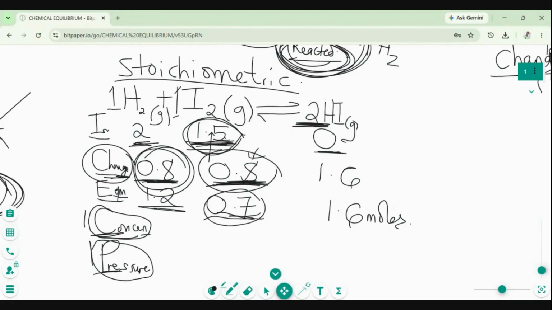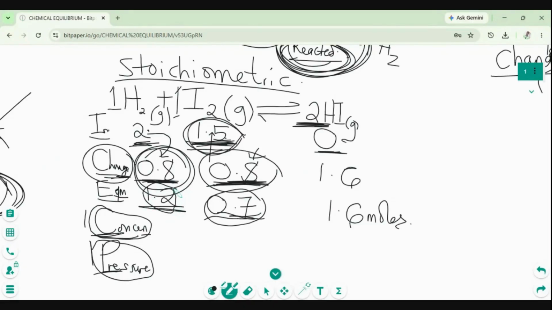Okay, so I've done a lot of writing here, but I want us to pick it up. So what we are saying is this: you had 2 moles here, and now they are telling us that 0.8 reacted, so you remain with 1.2.